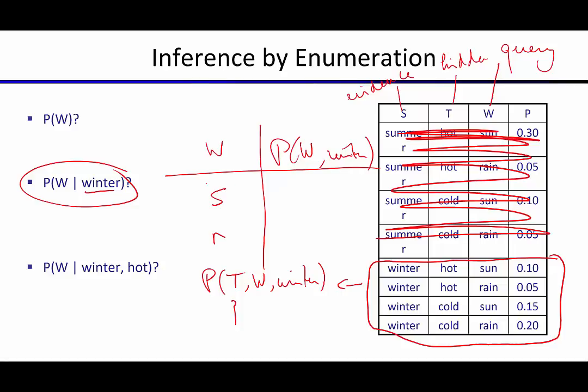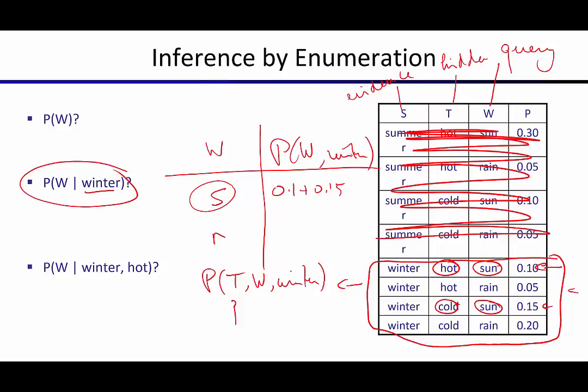For sun, we sum over all values the hidden variable can take on in this remainder table. The hidden variable could be hot or cold, and so we sum over these two entries. And so we have 0.1 plus 0.15. That's how we're summing over the hidden variable.